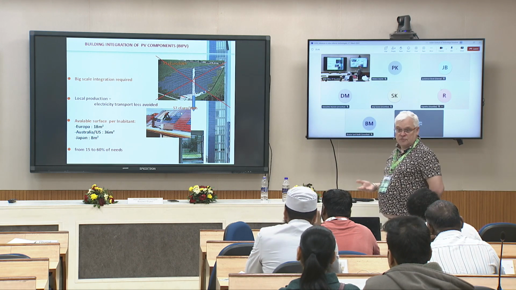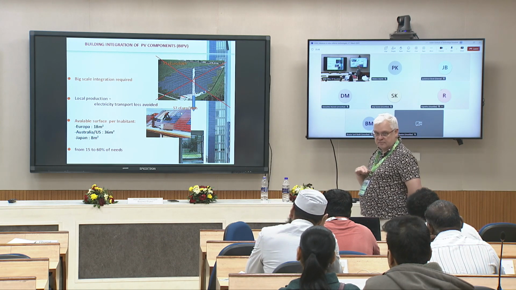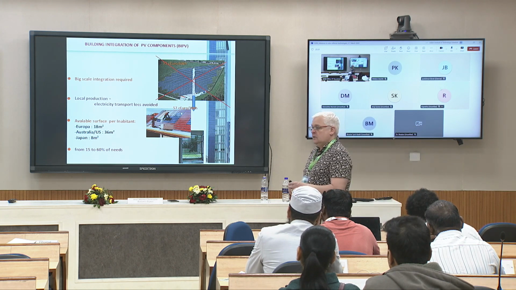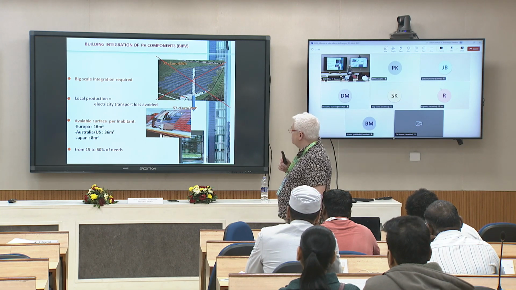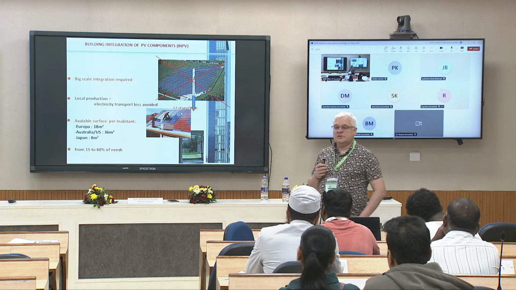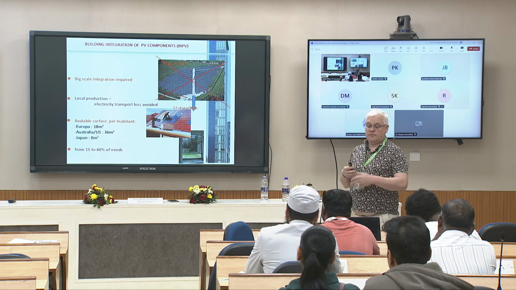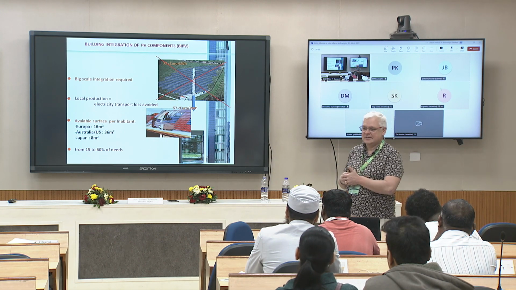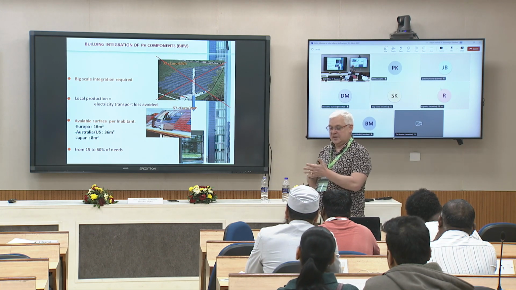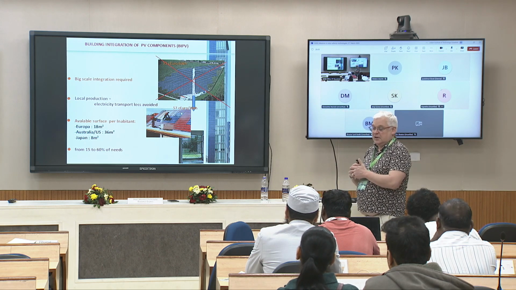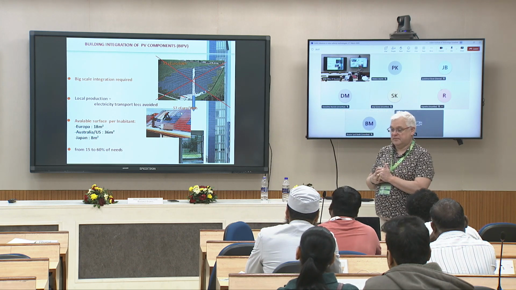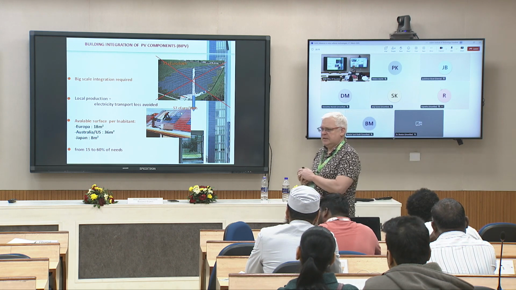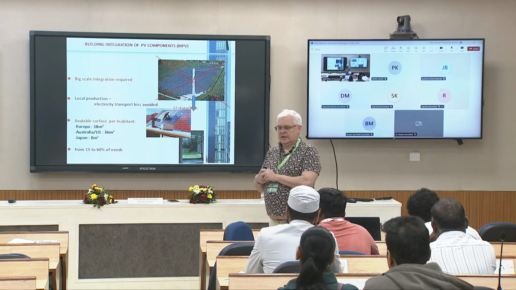Also, where you can construct houses or buildings, it's forbidden, okay? So now, at the time, we find some developments on floating PV, because on a lake, we say, okay, maybe we can try to put some floating PV. So there are many developments on this area.